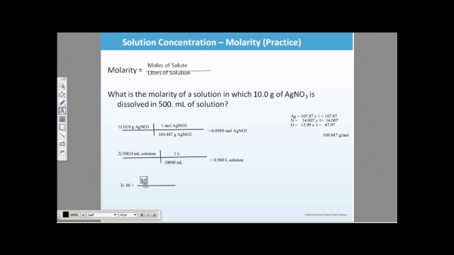So we got 0.0589 moles AgNO3, and then on the bottom we got liters of solution.